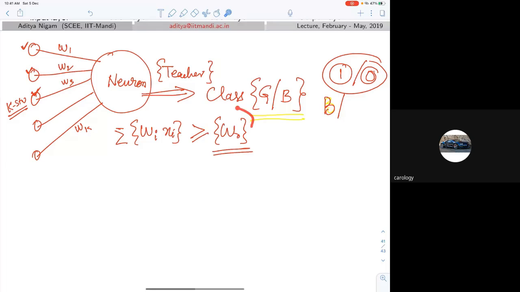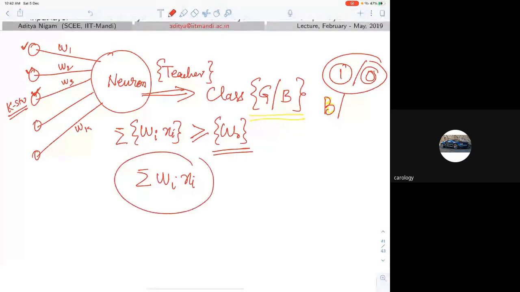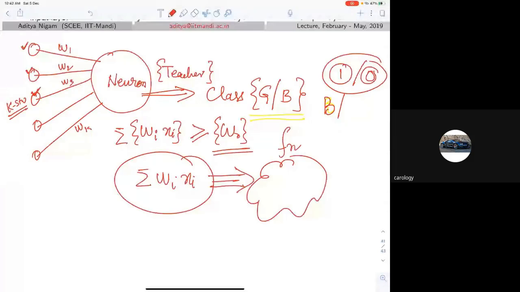But the point is that sometimes it may happen that whatever I got, that is the summation of wixi, I don't work on it directly; I apply some function over that. Now what is that function? Most of the time it is not linear, because mathematics things are completely different, physics things are different, and for chemistry the thresholds are different. So depending upon the subject, the function I apply is different.